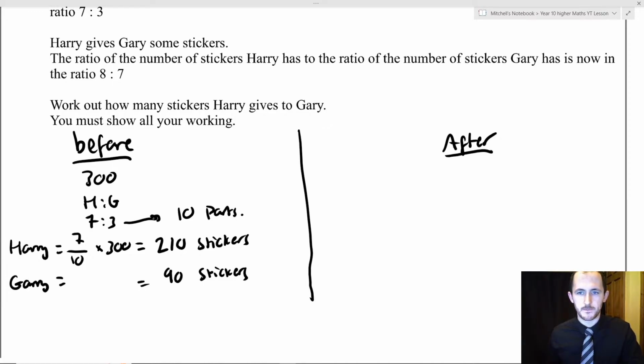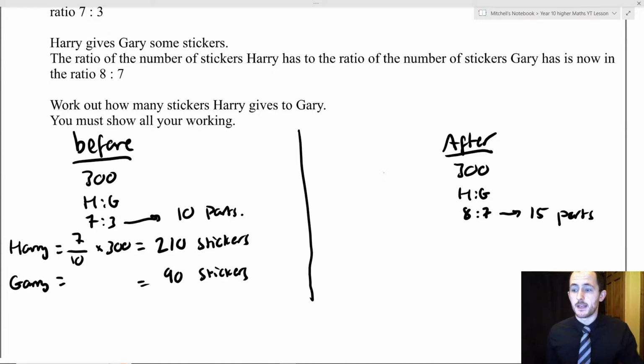Now afterwards, the number of stickers is still the same, it's 300, right? But the ratio is now 8:7. Okay, well, I should write it out fully, my bad. So the total number of parts is now 15 parts. Now there's a few different ways that you can do this.